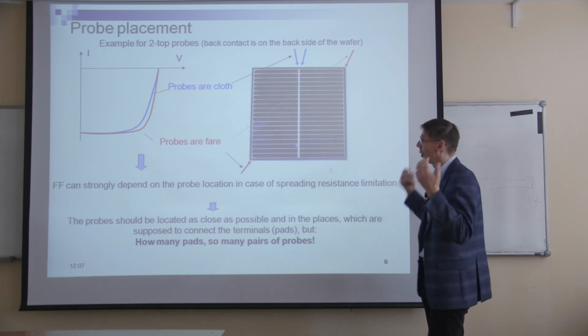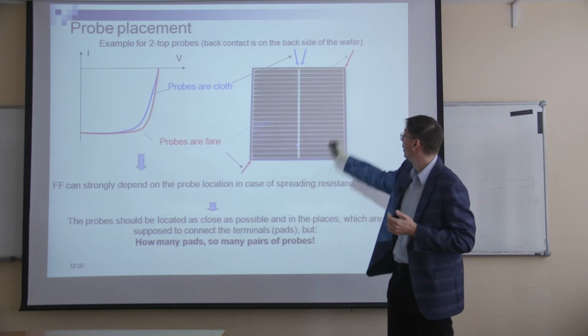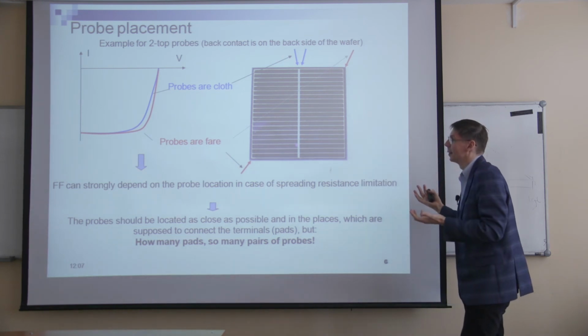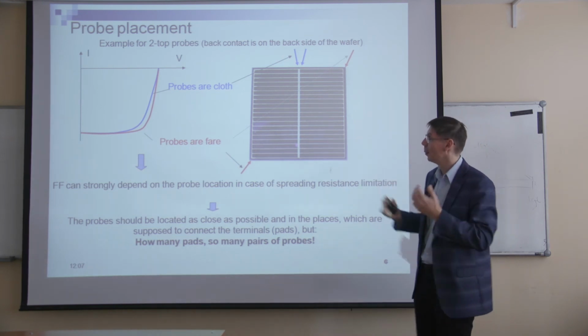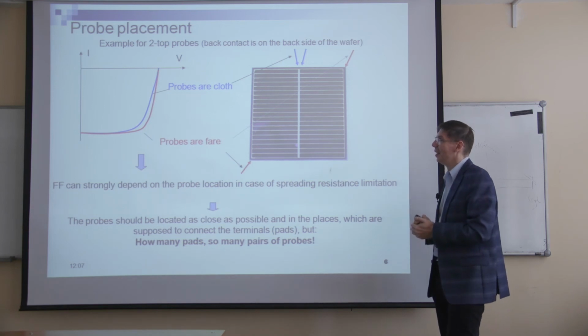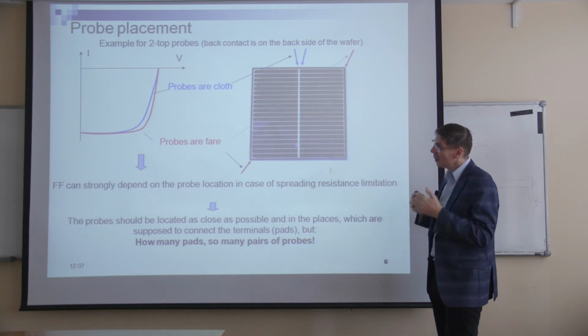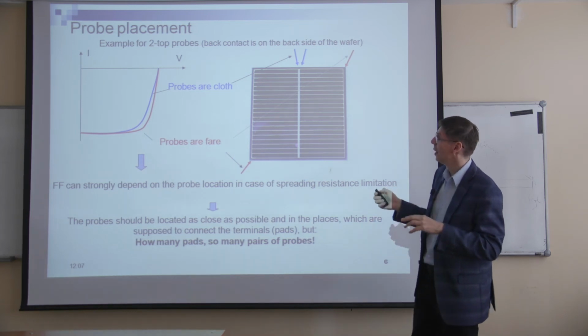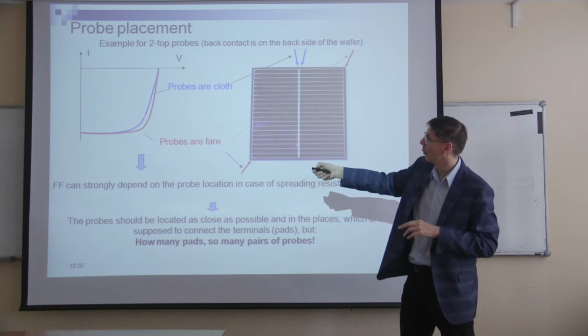You can say, okay, I will connect here and here, I will have 2 terminals. So you are a little bit free, but there is some reason, because in this case you can at least estimate the potential of your structure.